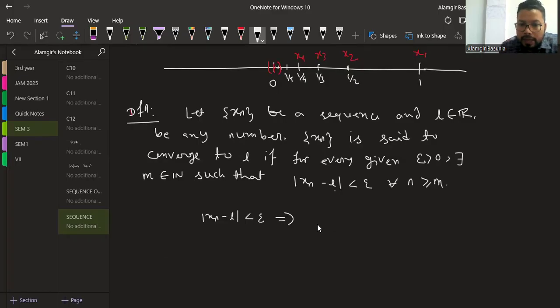This actually implies L minus epsilon less than x_n less than L plus epsilon for all n greater than or equal to M.